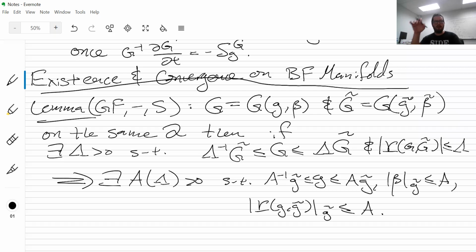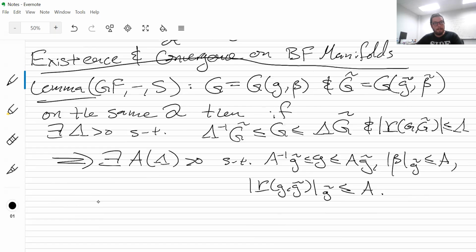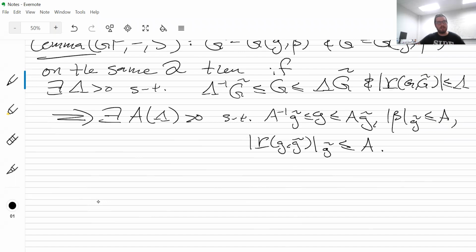I won't give a proof of this because it is a bit of a computation, but just a quick sketch of the trick.